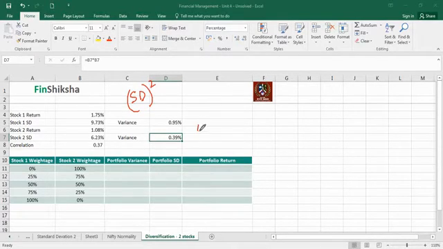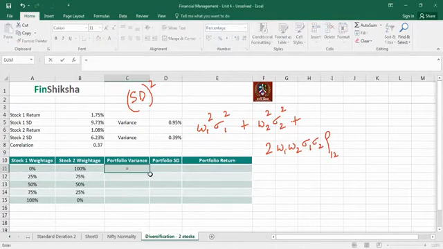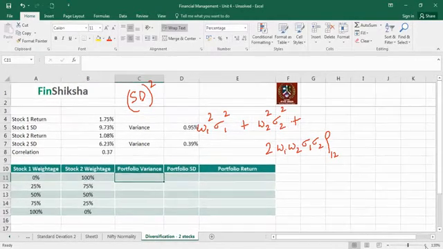Now remember the formula. Formula is weight of 1 square sigma 1 square, right? Then to this we add weight of 2 square sigma 2 square. Remember, these are variances, so plus, and then we add 2 into weight of 1, weight of 2, sigma of 1, sigma of 2, rho 1, 2. That's the formula, right? Let's try and calculate that. So our term, I'll put a bracket, and let's probably increase the font size a little bit.